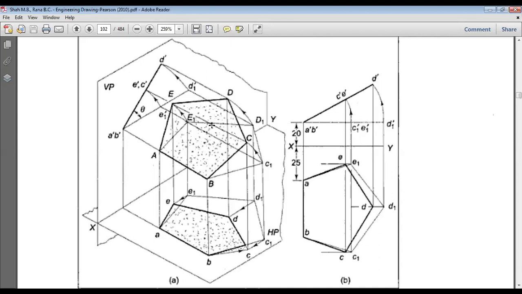Any one of you, are you going to get a true shape by drawing the top view? Can you tell me? No, sir. Yes, we are not going to get the true shape if we draw the top view. Why?